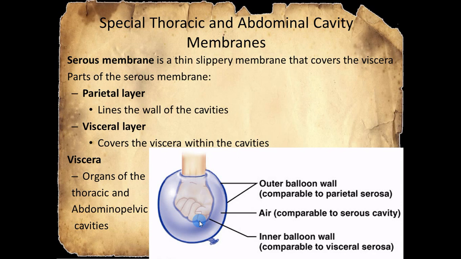The part of the cavity that touches my organ of interest, the heart, that's called the visceral layer, right? But as soon as it separates out from the organ and it's away from that organ, it's called the parietal layer. It's continuous, comes all the way back around, no breaks, and then when it touches my organ again, then it's the visceral layer again. So just some terminology. And viscera just means the organs of the thoracic or abdominal pelvic cavity.